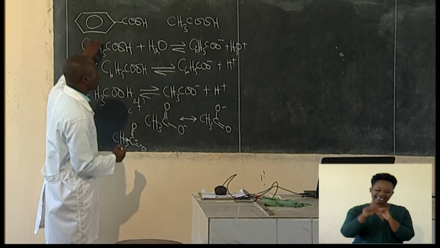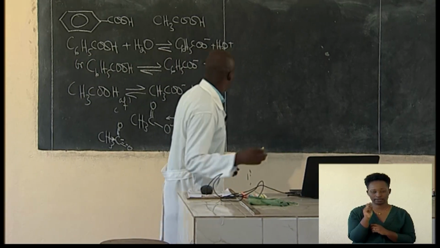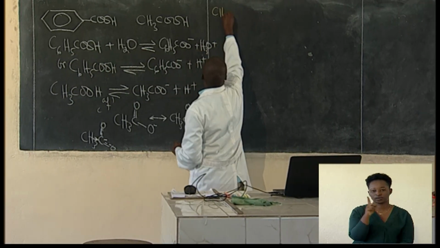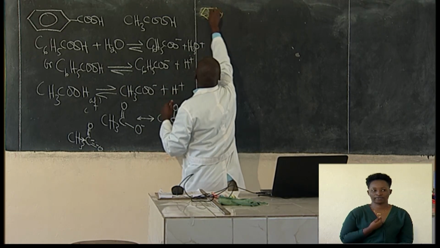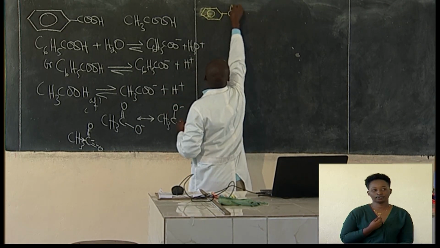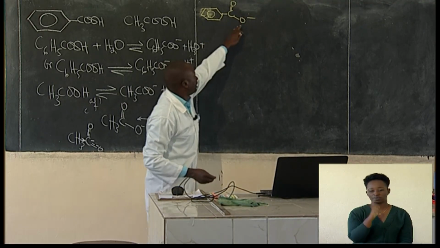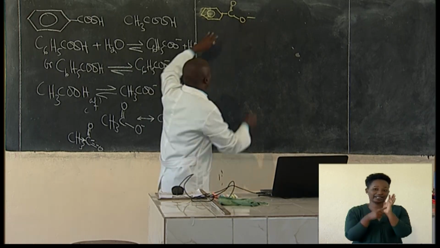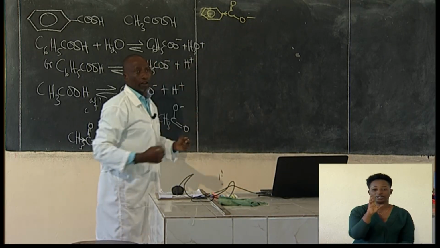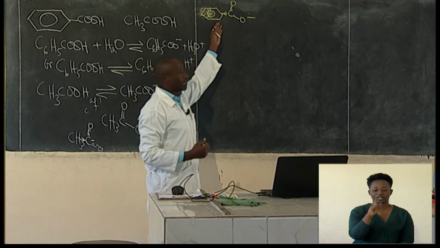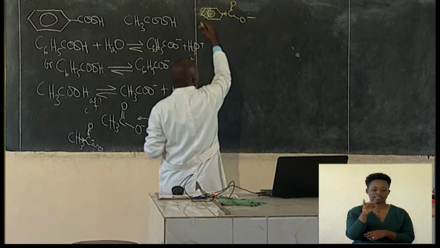Whereas in benzoic acid, when we talk about the benzoate ion, you have this compound over here. So this is the benzoate ion. The negative charge over here is delocalized, so it enters within the ring of the benzene, and that stabilizes it.